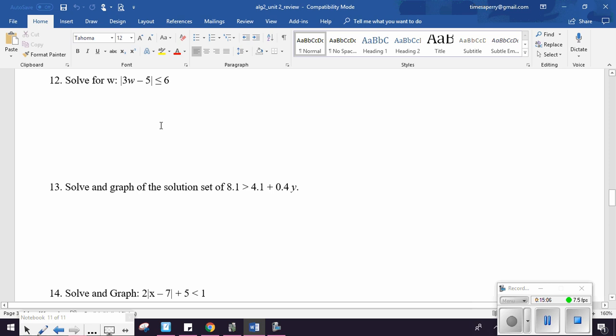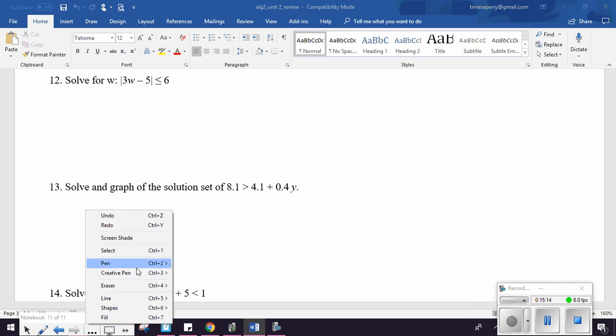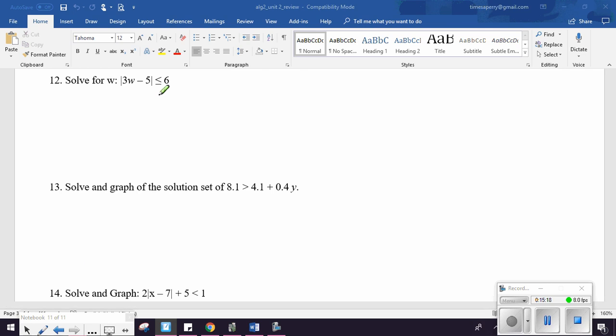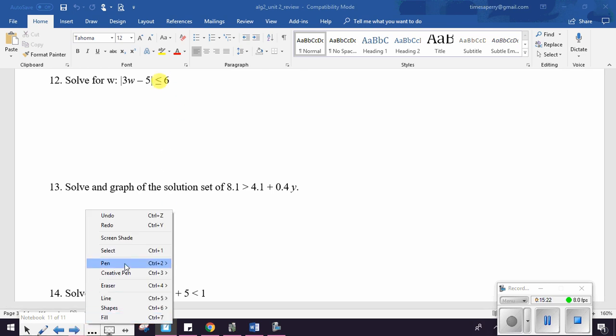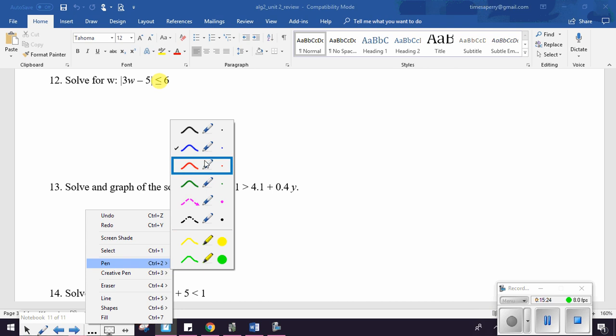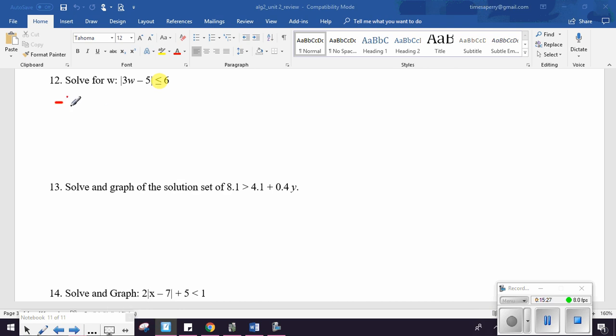All right, number 12, we have another absolute value inequality. Thankfully, the absolute value box is already by itself. In this case, it's a less than inequality. So for the less than inequality, we write the negative outcome, so -6.